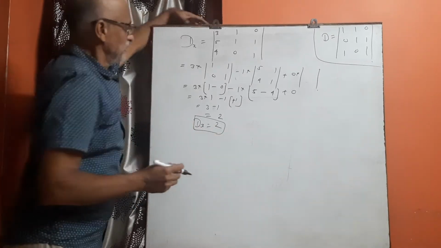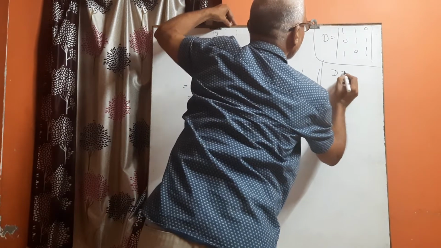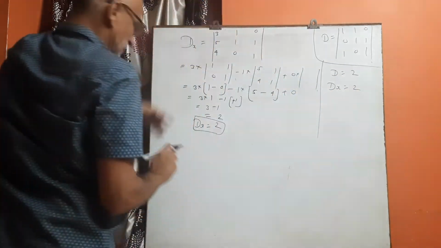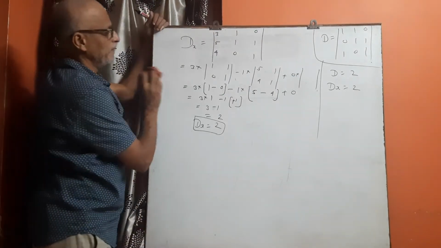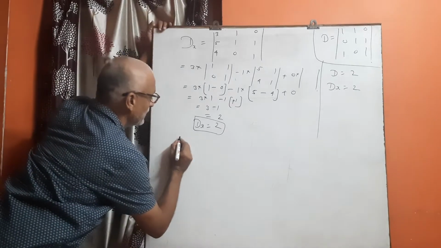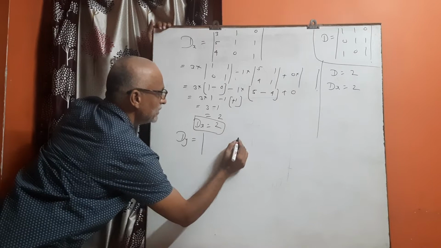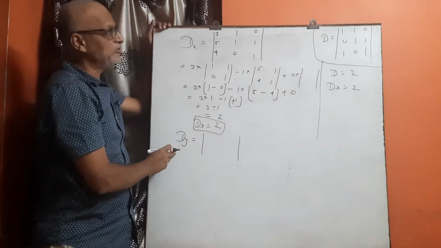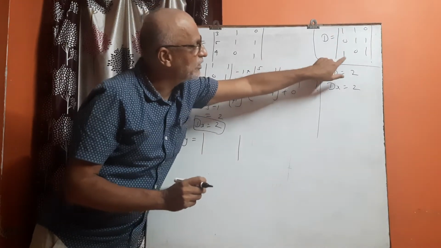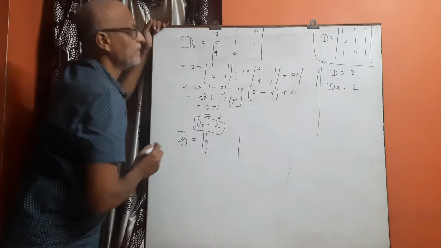We have got D equals to, हम लोगों को मिला है D का वैल्यू 2, उसके बाद में dx is also we have got 2. Now let us find out dy. To find out the value of dy, dy means determinant without the coefficient of y, यानी आपका D में फर्स्ट कॉलम एज इट इज रहा, that is 1 0 1.